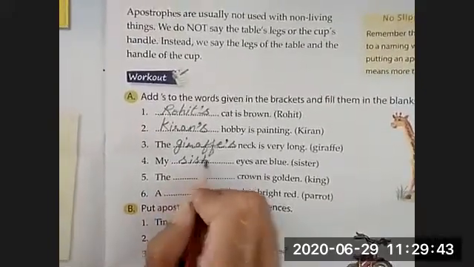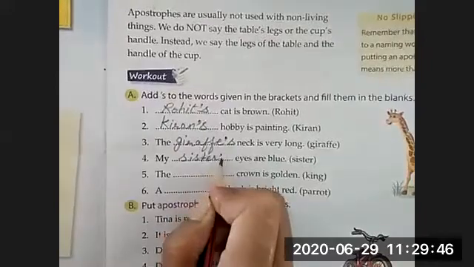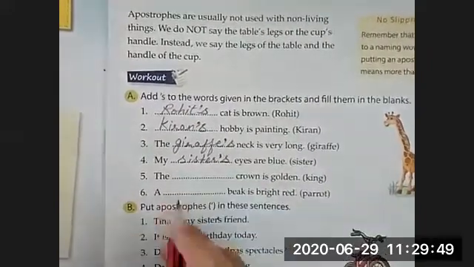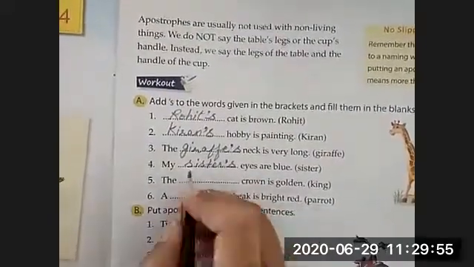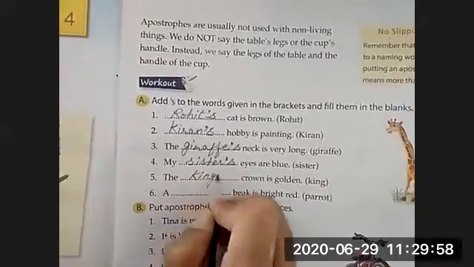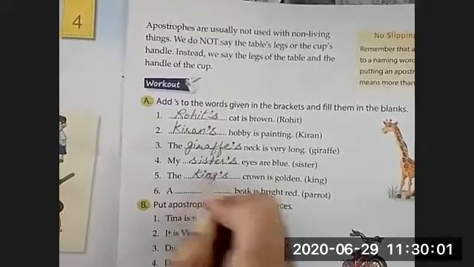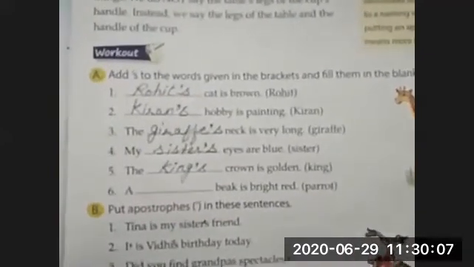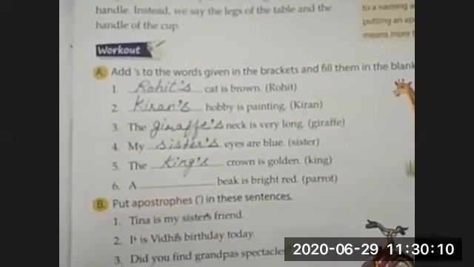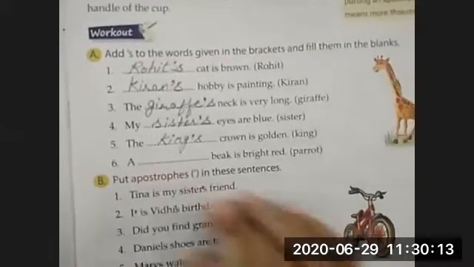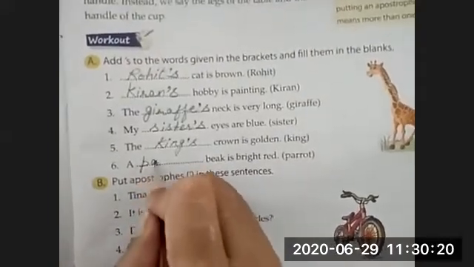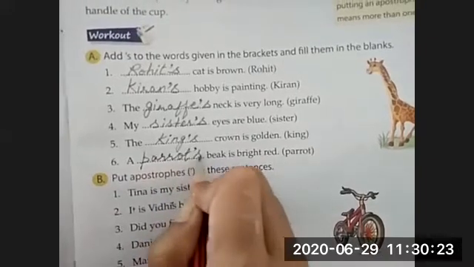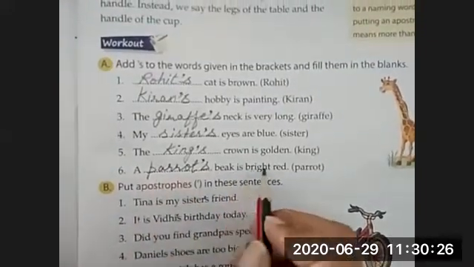My sister's eyes are blue. The king's crown is golden. Done. A parrot's beak is bright red.